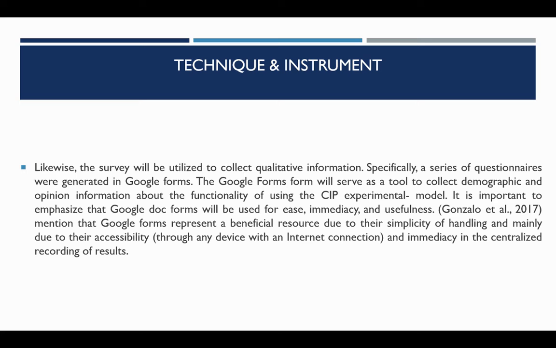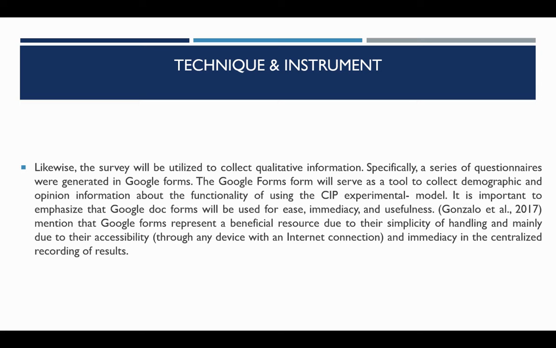Okay, and moving on, likewise, the survey would be utilized to collect qualitative information. Specifically, a series of questionnaires were generated in Google Forms. The Google Forms will serve as a tool to collect demographic and opinion information about the functionality of using the CIP experimental model.